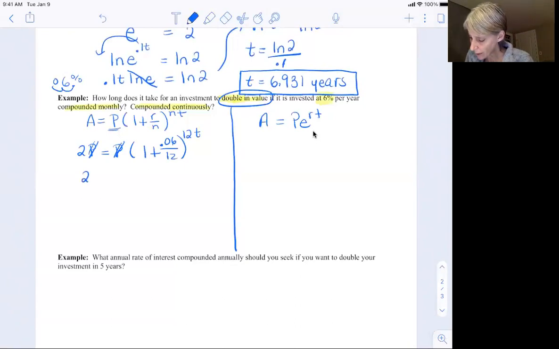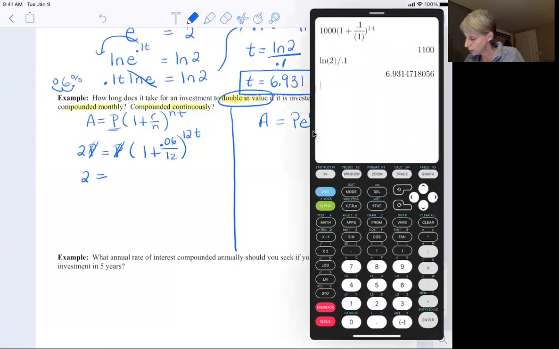I'm just going to clean this up a tiny little bit here. 1 plus 0.06 divided by 12.